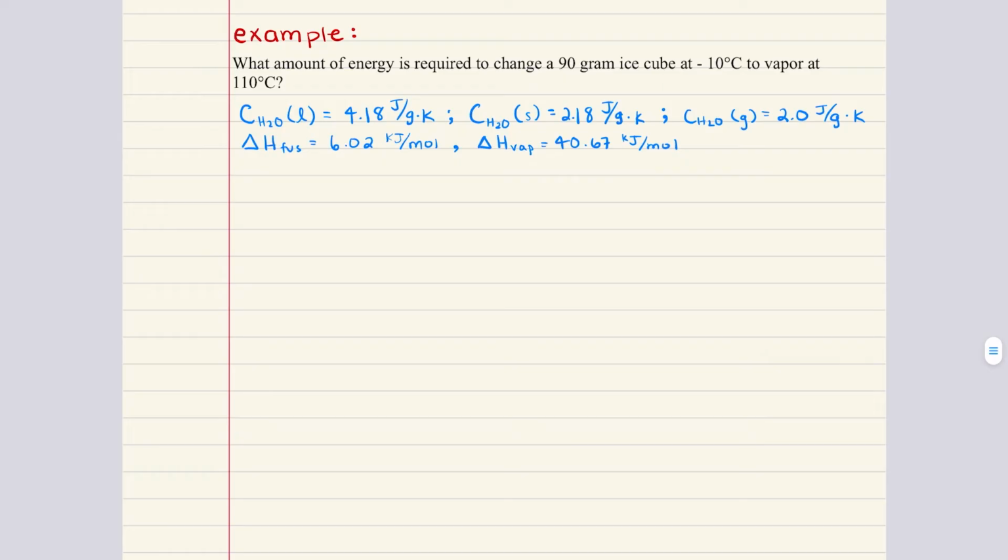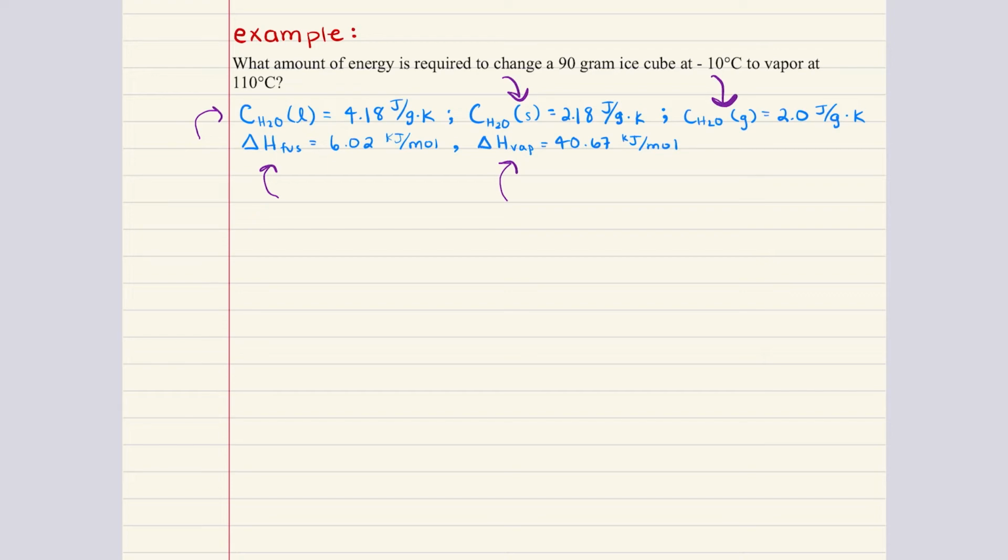Now, we're also given a lot of information here. We're given the specific heat capacity for water in its liquid form, the specific heat capacity of water as a solid, and the specific heat capacity of water as vapor, as a gas. We're also given the delta H of fusion and the delta H of vaporization.